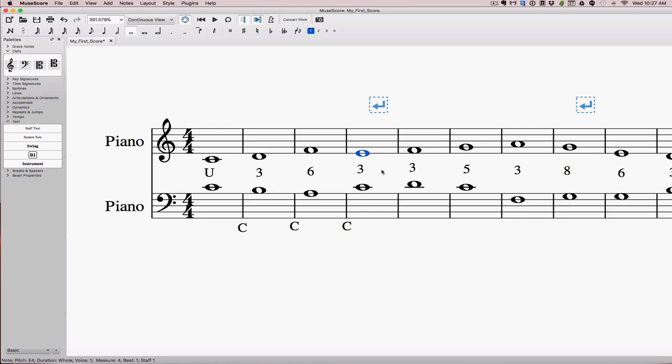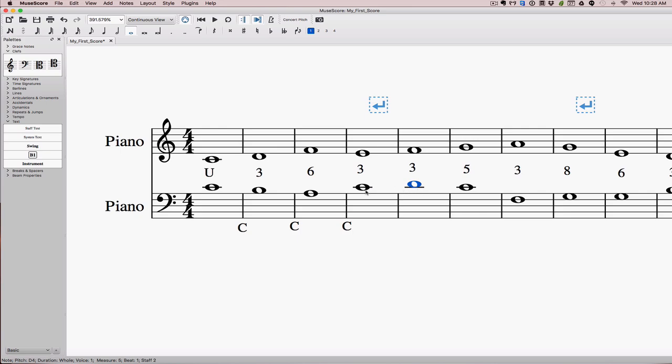Ooh, interesting here. Not contrary motion. This one's going up, and this one's going up. So that brings us to another type of motion. This one is called parallel motion. Now this is allowed, but it has some additional rules behind it.